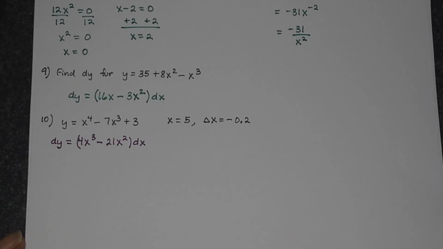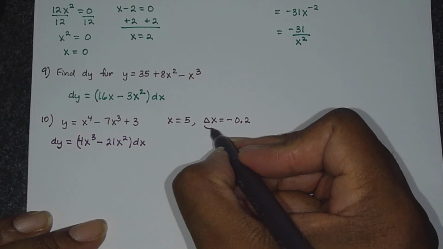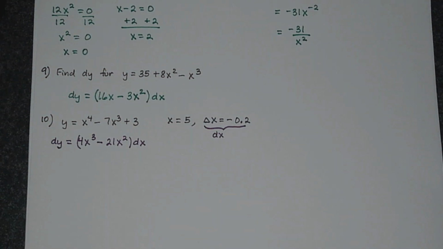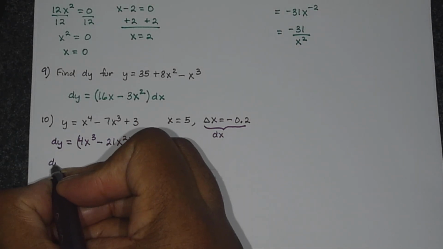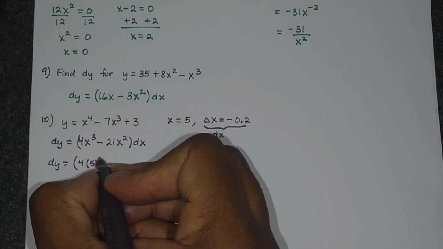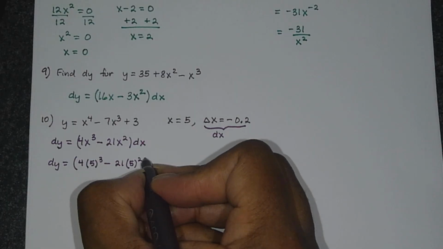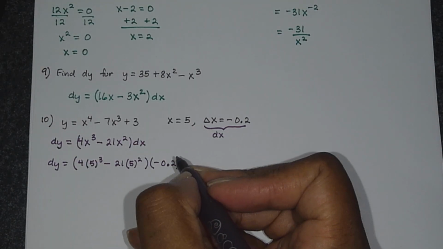Now we are told that x is equal to 5 and delta x is equal to negative 0.2. But this delta x also means dx. So dx will be negative 0.2. Now let's substitute those values into dy. So dy is equal to 4 times x, which is 5, cubed, minus 21 times x, which is also 5, squared, times dx, which is negative 0.2.